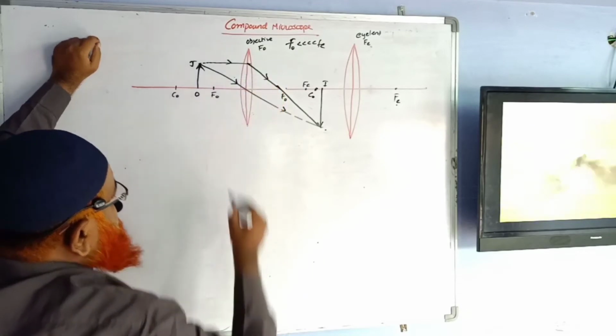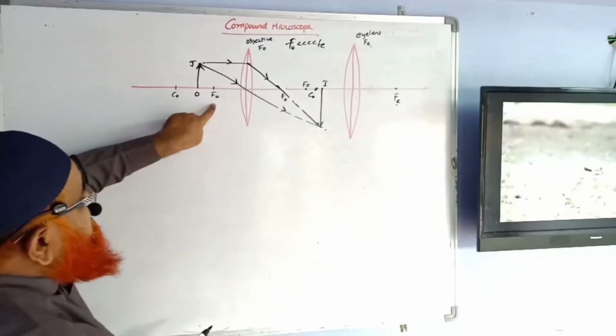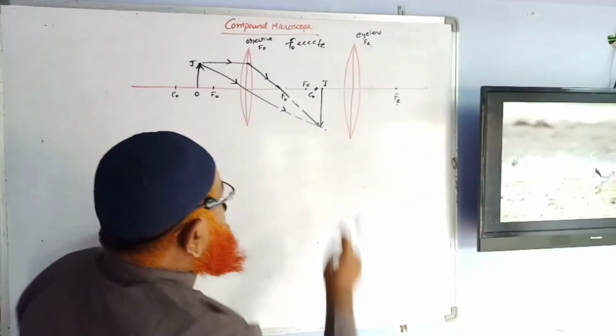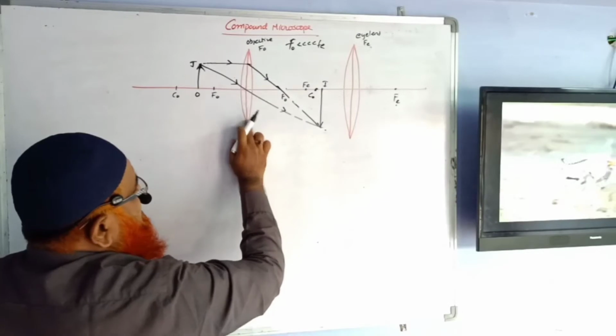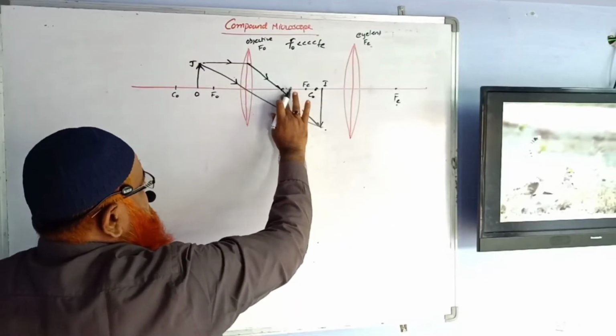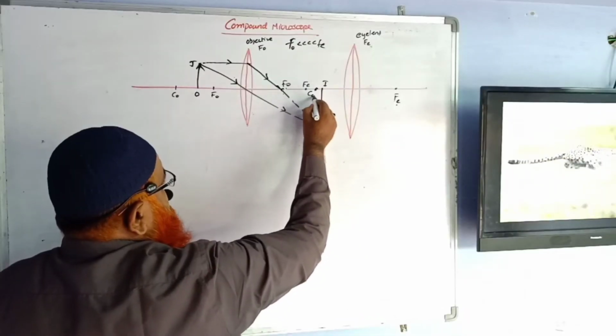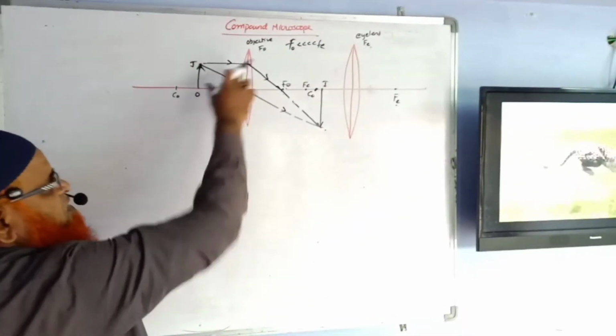And another is a light ray which is passing through the optic center like this. Okay, so they both are meeting at this place, and you know when the object is between F and C, the image is beyond C. So this is going to be the C for the objective lens. This is F0 for the objective, and this is going to be C0 for the objective.